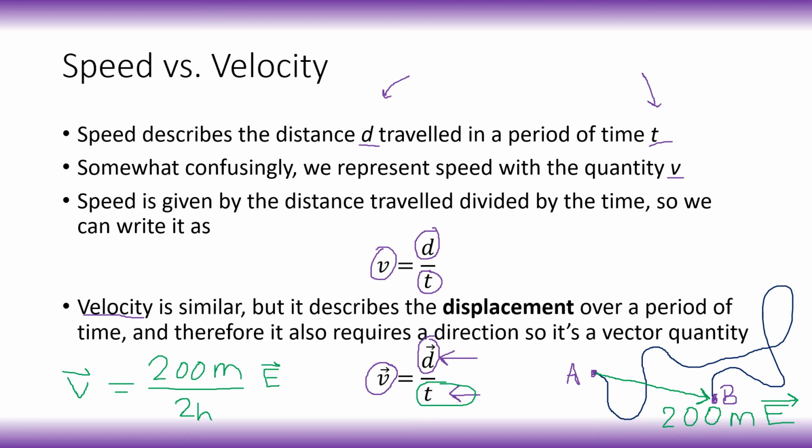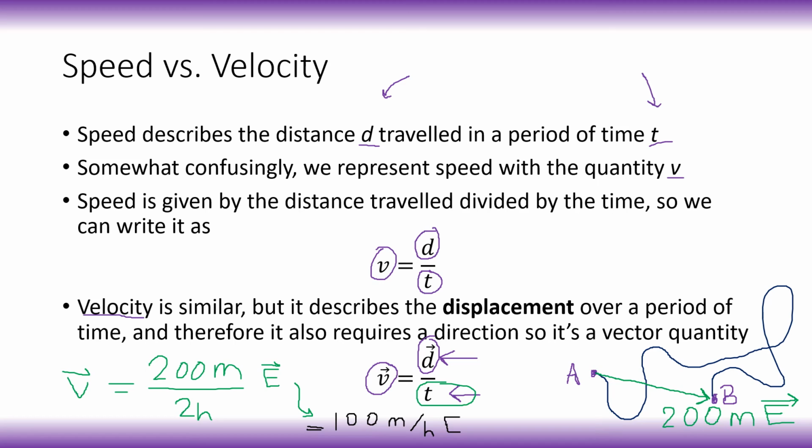So then you can do that calculation, and if you just do a little bit of math, 200 divided by 2 is 100. I'm going to write this down here in a darker color. So you'll get an answer of 100 meters per hour east.